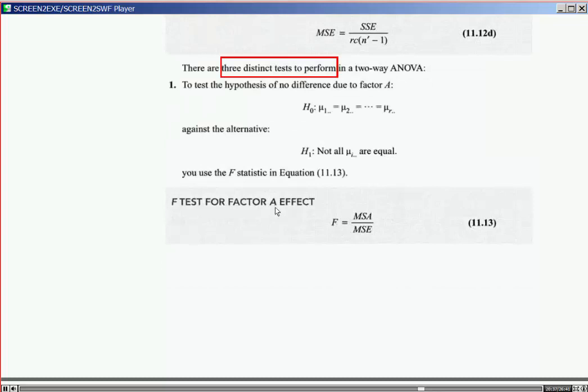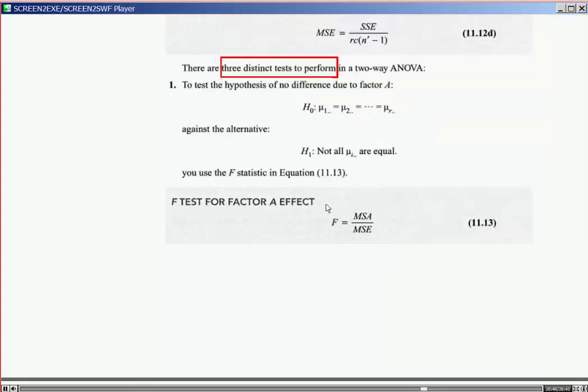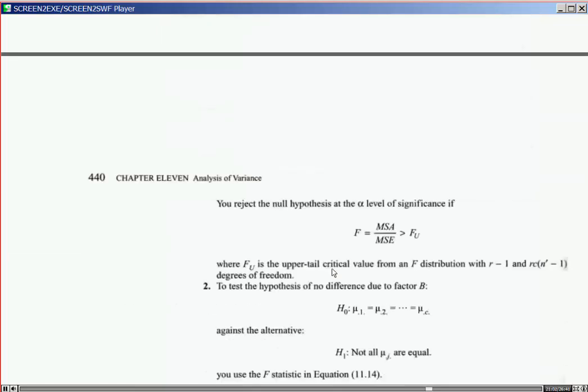And here comes the F statistic for the effect of factor A: MSA divided by MSE, the error, which points us to the within group variations. So it's forcing us to stay within the first factor. The influence is detected due to the first factor.